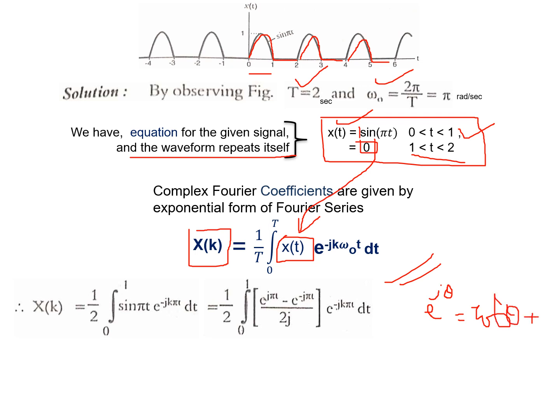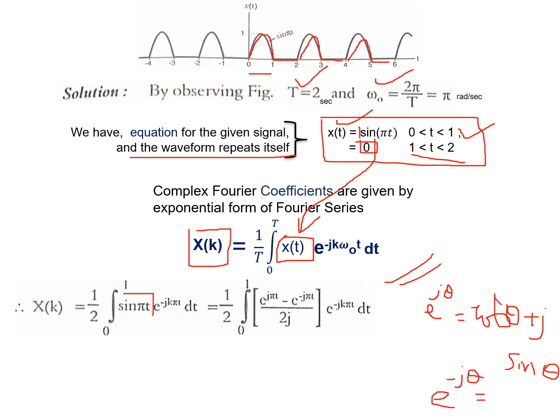Similarly, e power of minus j theta is nothing but cos theta minus j sin theta. So if I simplify the two equations, I get sin theta is equal to e power of j theta minus e power of minus j theta, divided by 2j. This is what I get.